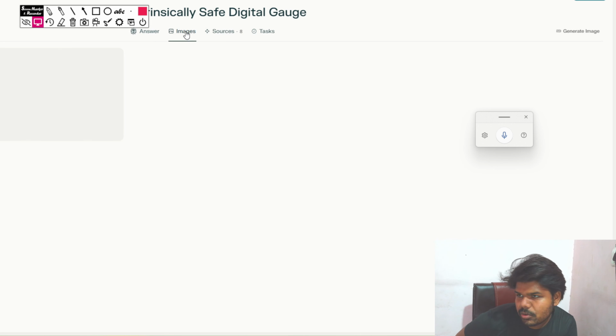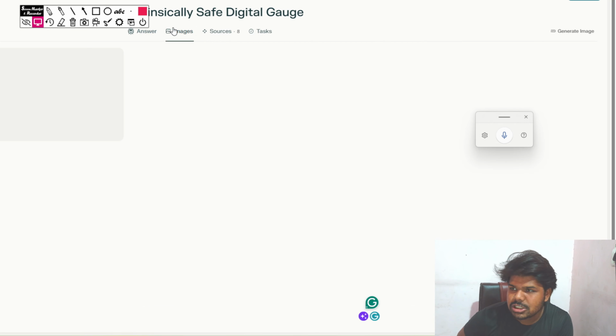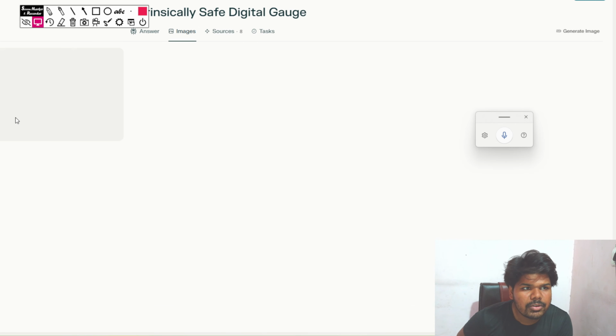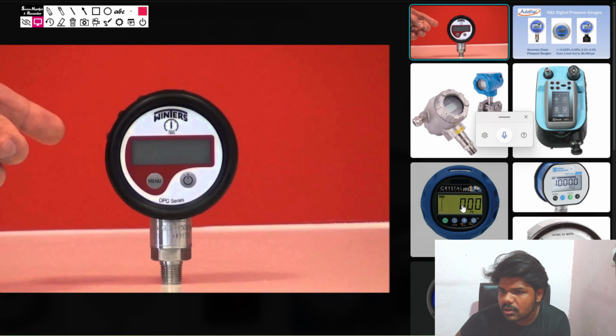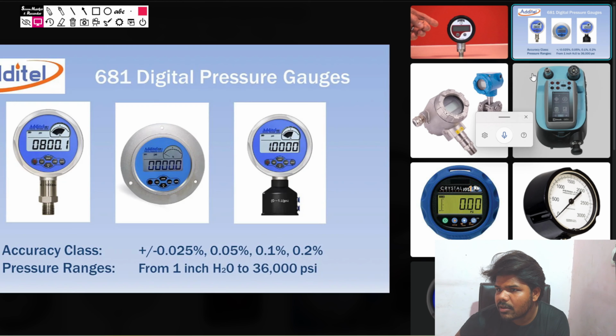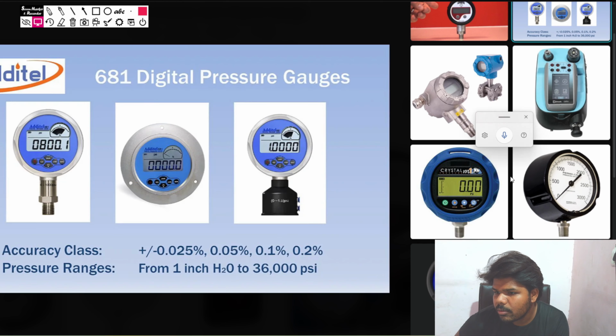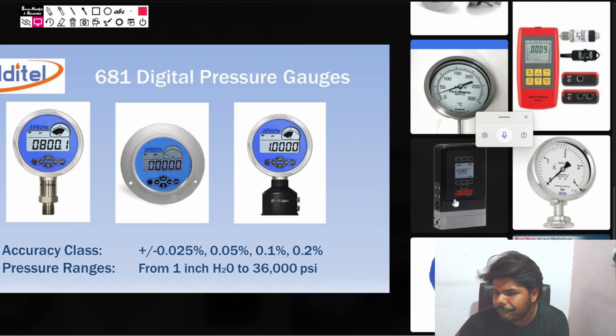This gauge is also very new for me. Perplexity has been showing you pictures. See this kind of gauge. These kinds of gauges are sometimes used in industry. Intrinsically safe gauges.